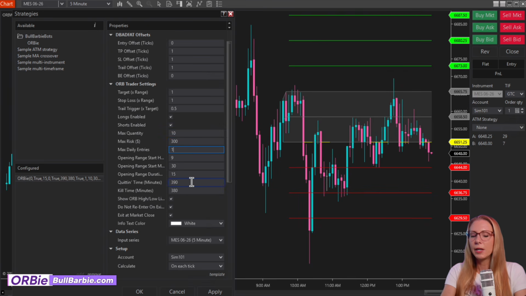But let me reiterate again that I use micros for this, and I'm really conservative with this because bots can test your patience. They take the trade every time, no matter what, even if it doesn't really totally make sense. And so they'll go through periods of drawdown when the market's just not really right for that particular strategy, and your account and your trading emotions have to be able to take that.